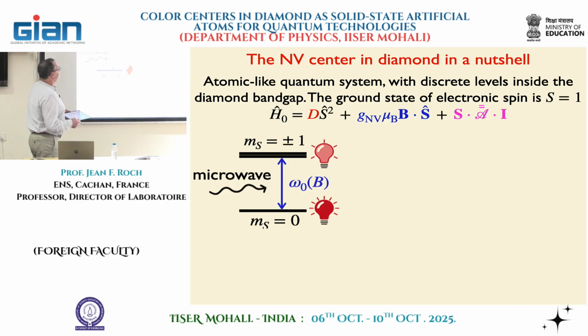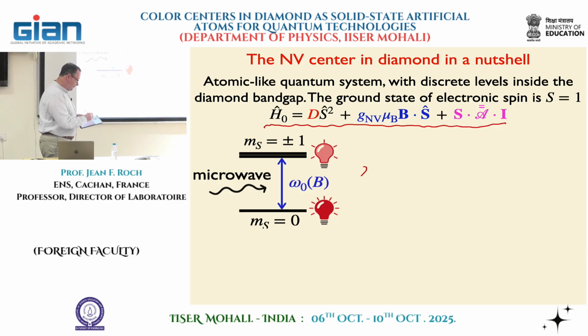The ground state of the electronic spin is a spin S equal 1 for the negatively charged NV center, and we can describe the system by this Hamiltonian, which is written here.